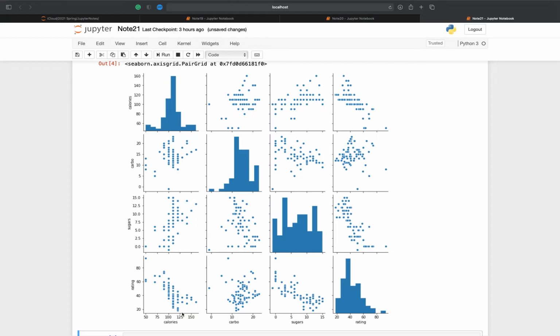Yes, so it's a good visualization tool that can help us to understand how some variables are associated.